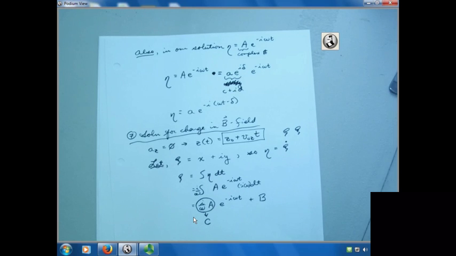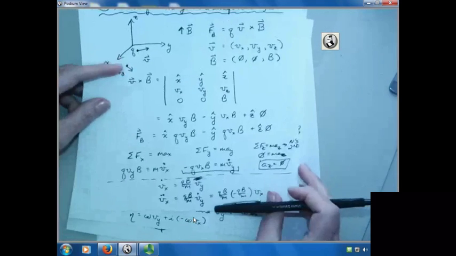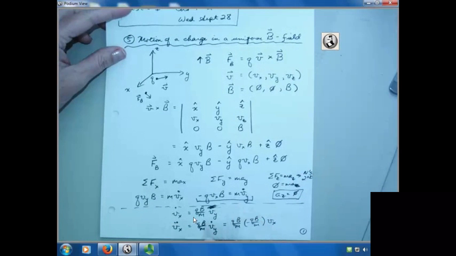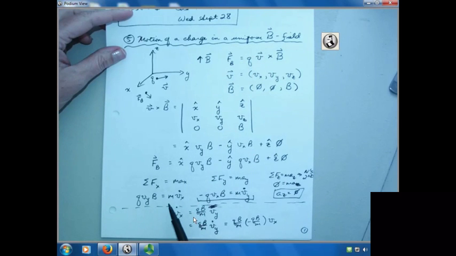So to remind you of where we were, you probably have something like this. We found the magnetic force by calculating qv cross B, and we plugged into Newton's second law: the x component of force equal to m times the x component of acceleration, the y component of force equal to m times the y component of acceleration, and the z component of force equal to 0.